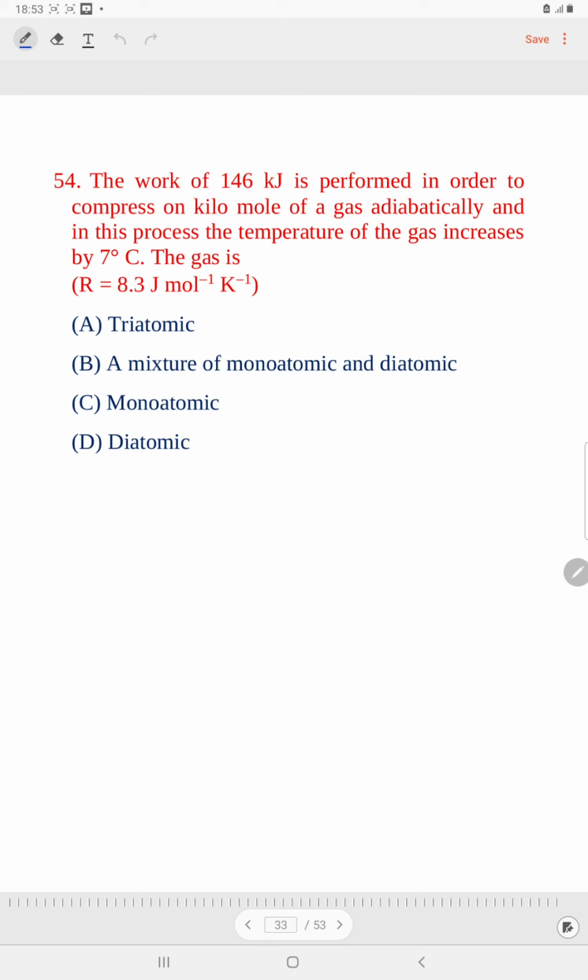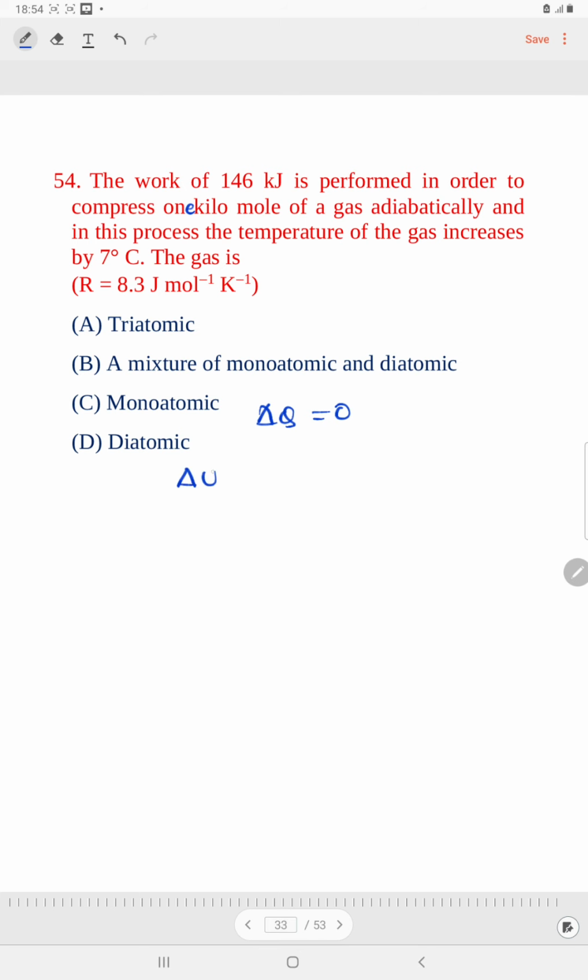The work of 146 kilojoule is performed in order to compress 1 kilo of a gas adiabatically, and in this process, the temperature of the gas increases by 7 degrees. Then the gas is. Okay. Now students, it's an adiabatic process, then remember delta Q is equal to 0. That is very important for us.